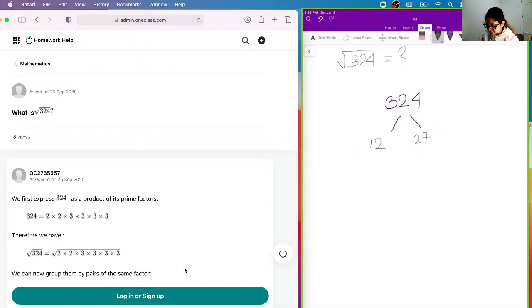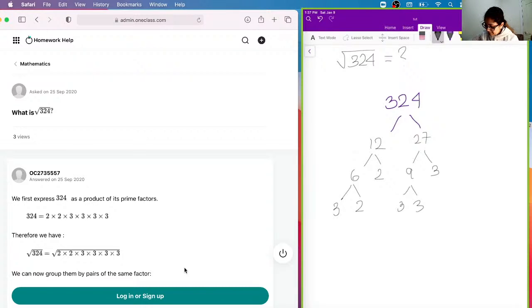Okay, and so we can further break down 12, right? So you have 6 times 2. We can further break down 27 also. You have 9 times 3. And further break down 6, so you have 3 times 2. And further break down 9, you have 3 times 3, right?